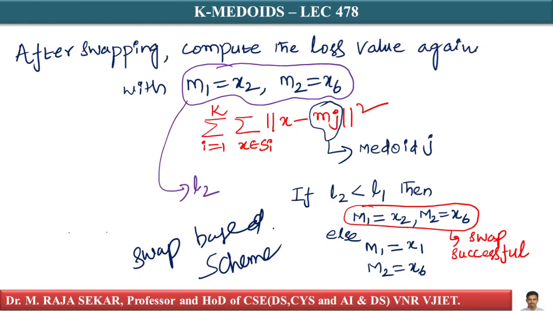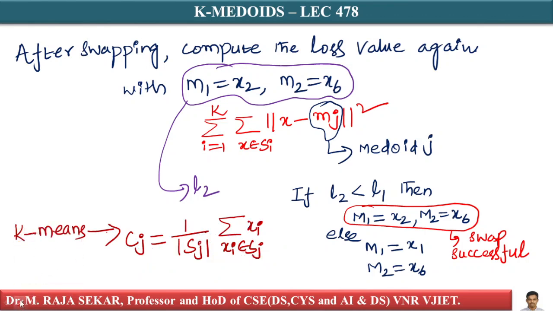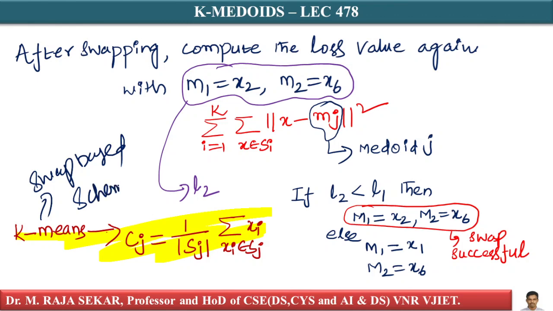Instead of computing the mean by the formula, Cj equal to 1 by mod Sj, sigma xi where xi belongs to Sj, you use swapping.